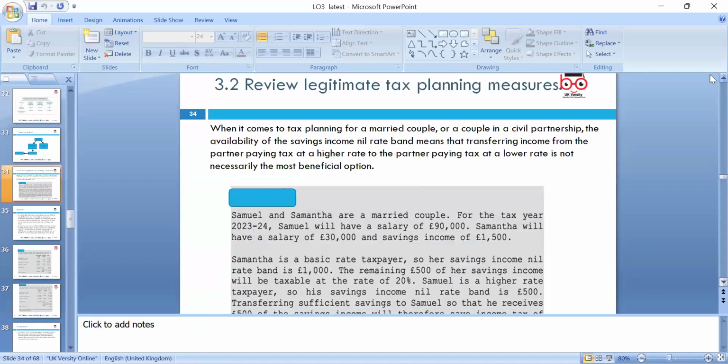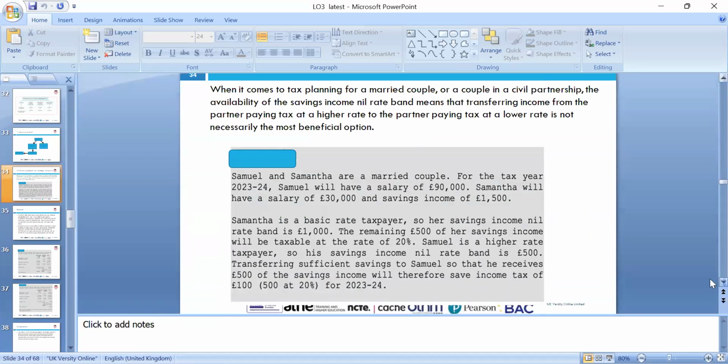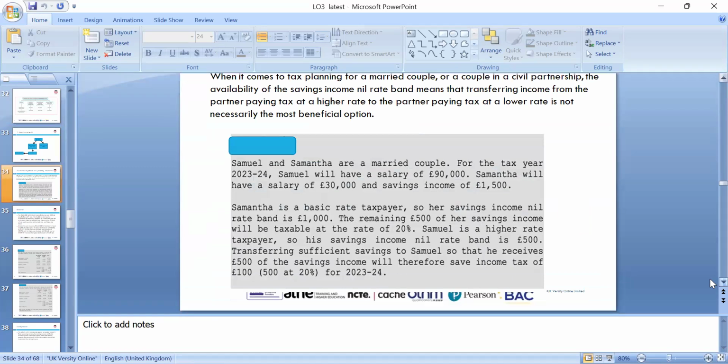Let's look at an example that gives more review of legitimate tax planning. Tax planning is legal. For couples and civil partnerships, we look at savings nil rate bands and others. In this case, Noel and Samantha are a married couple. In tax year 2023/24, Noel's salary is 90,000. Samantha's salary is 30,000 and her savings income is 1,500.